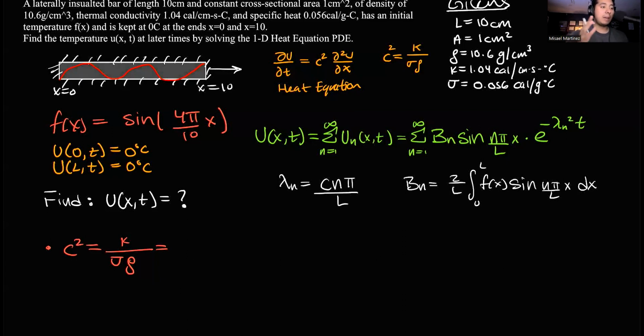It is kept at 0 Celsius at one end and at 0 Celsius also at the other end, x equals 10. What they're asking us to find is the temperature as a function of distance and time at later times. I think we're going to do from 0 to 2 seconds once we plot it in MATLAB.